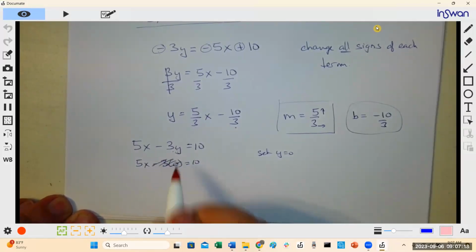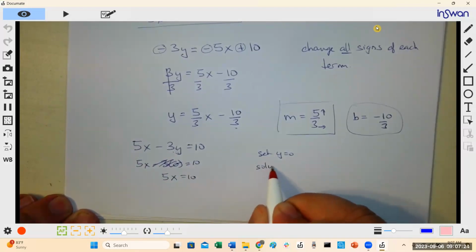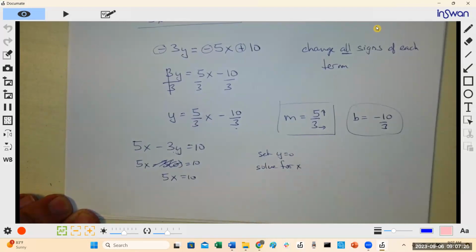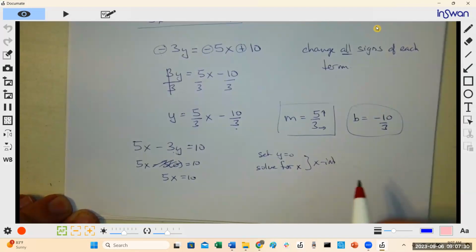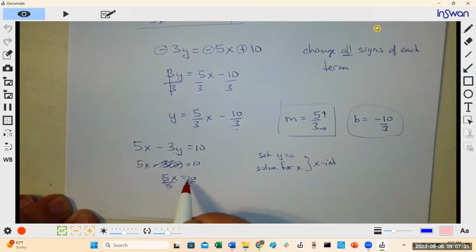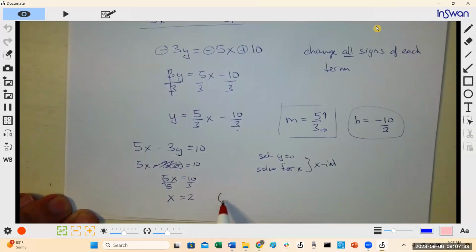That becomes 0. So we have 5x equals 10. This is the x-intercept. Divide by 5. So x is equal to 2. Location is 2, 0.